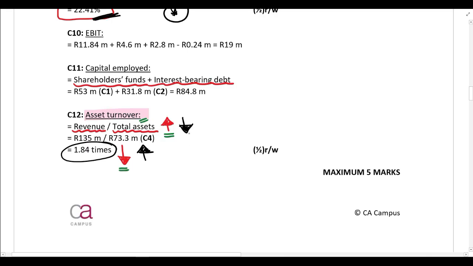On the other hand, if the other company has older assets and the assets have obviously been depreciated quite a bit, they will have a lower asset base resulting in a higher asset turnover. But that doesn't mean that the company with older assets has actually performed better than the company with newer assets. The only reason why the ratio is higher is because their asset base is lower. So because of this, it can be quite difficult to make comparisons between companies.